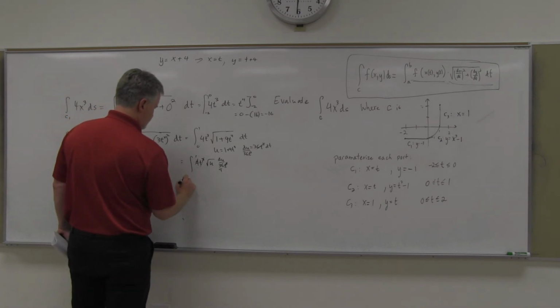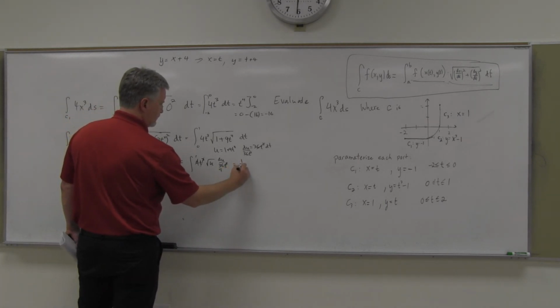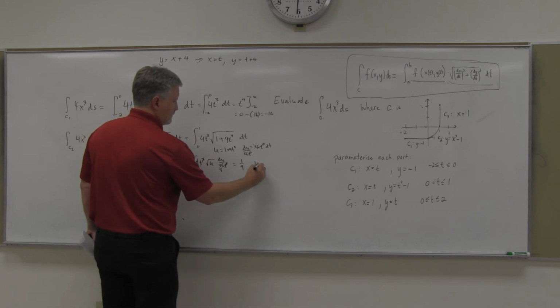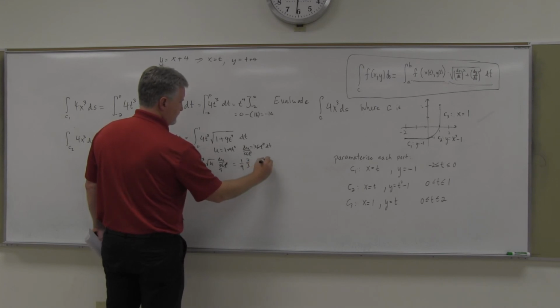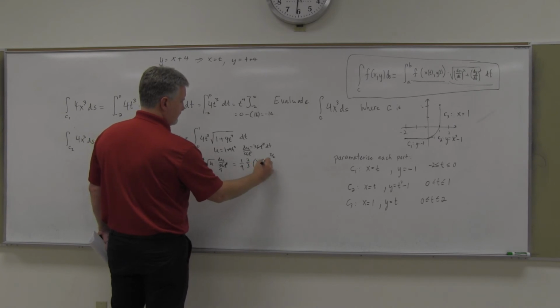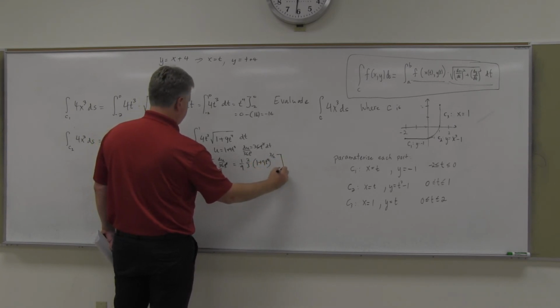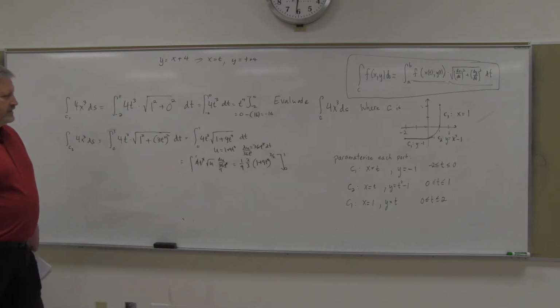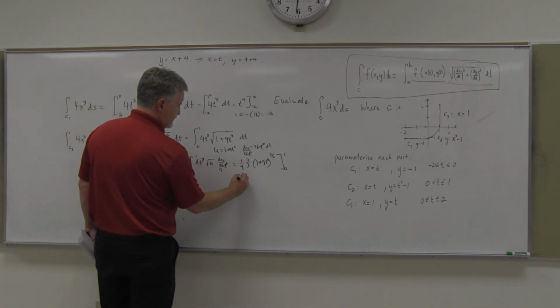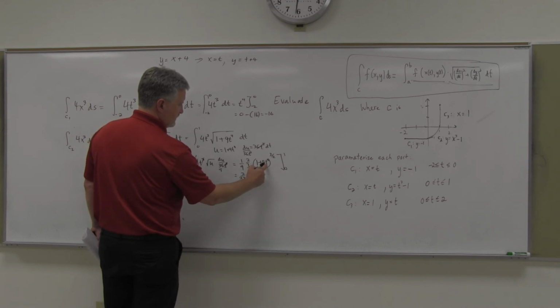So it'd be 2/3 u to the 3 halves, but let's go back to u is 1 plus 9t to the 4th. And so we're nicely evaluating that from 0 to 1. So we get 2/27, plug in the 1, we get 10 to the 3 halves.